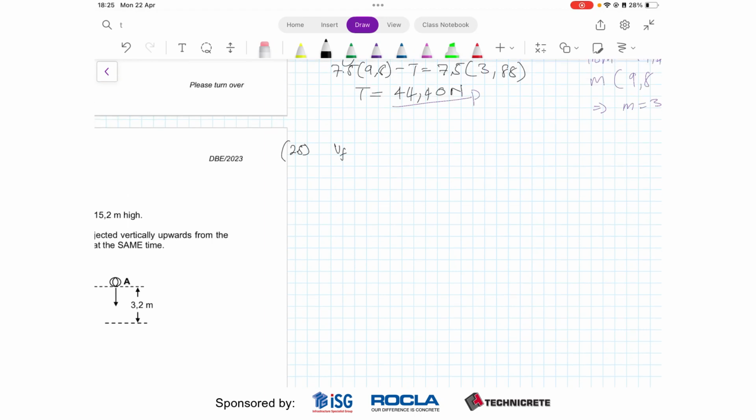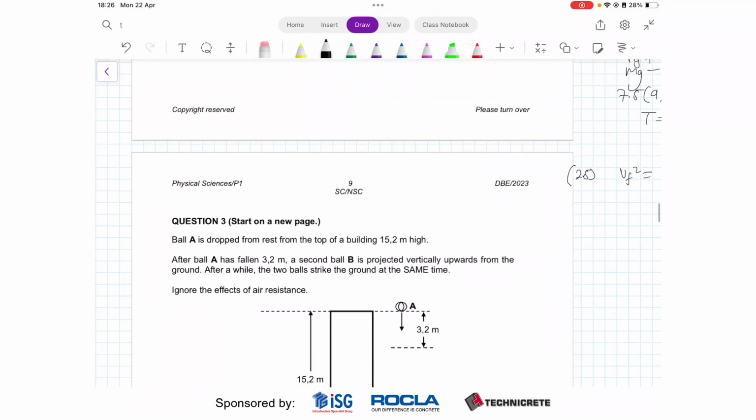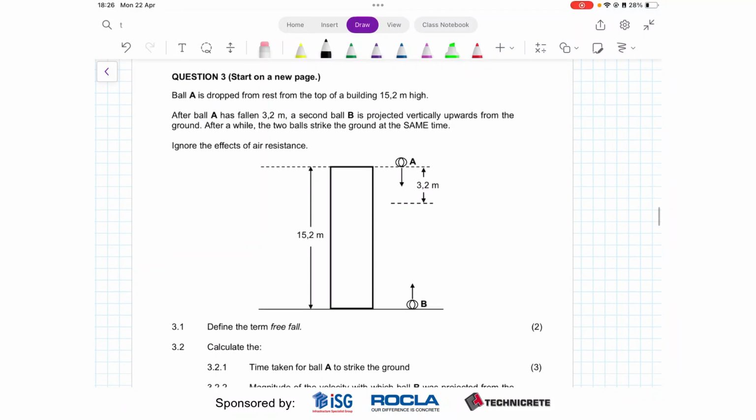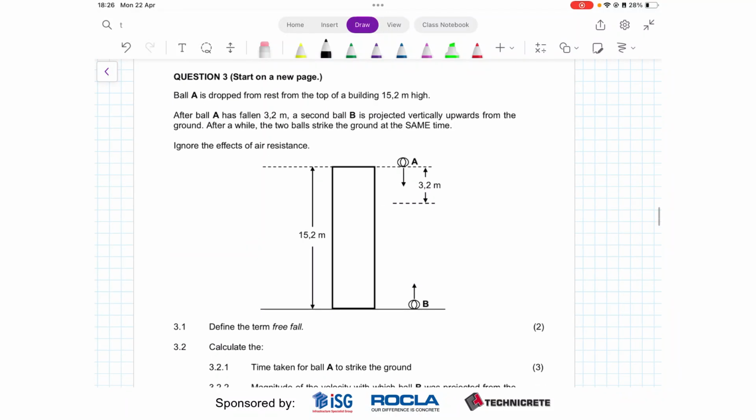So what was our formula? Vf squared is equal to initial velocity squared plus 2 times the acceleration multiplied by the change in displacement, sorry. Okay, why is the final velocity 0?